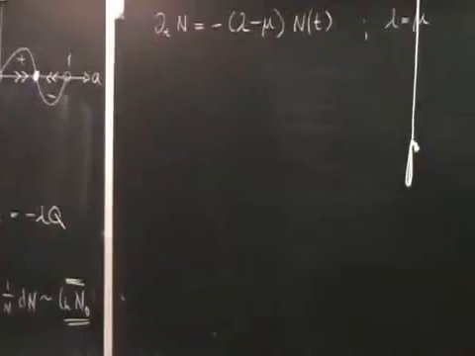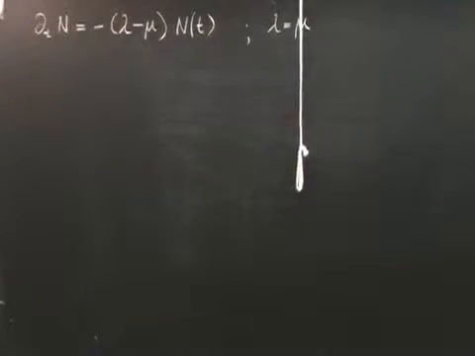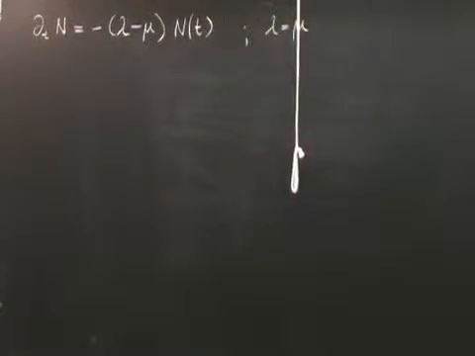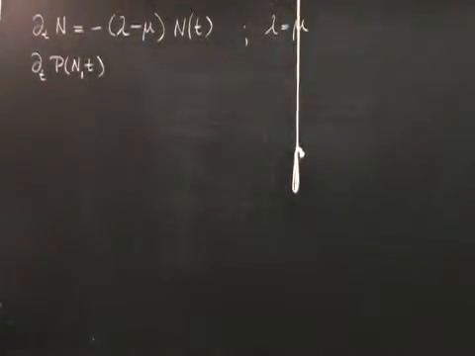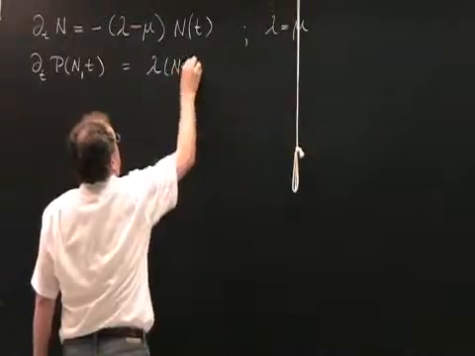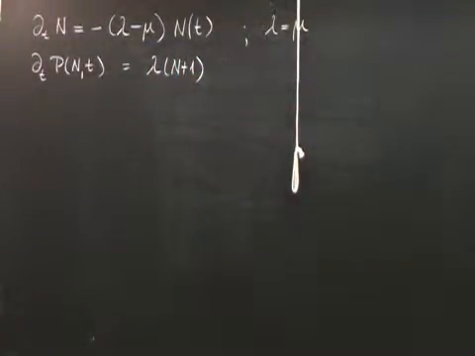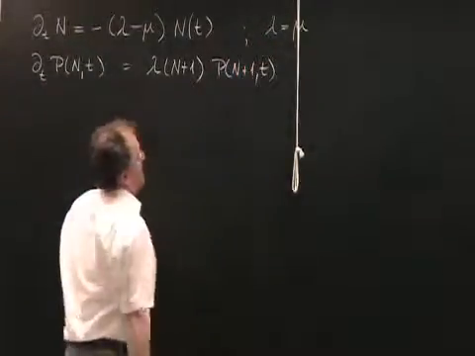You know that's of course not true, because there are stochastic effects, and now we would like to estimate how large those stochastic effects are. Okay, now I really have to write down a master equation for this linear death-birth process. It contains, as you know, processes which lead to a gain and a loss in the probability of having a system of size n at time t. The gain comes from populations of size n plus 1 with a rate lambda times n plus 1 multiplied by the probability to be in that state.